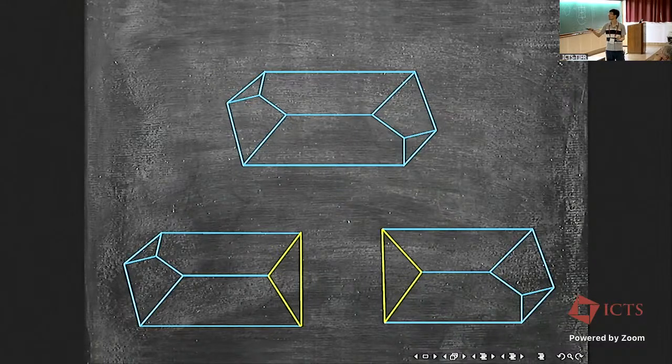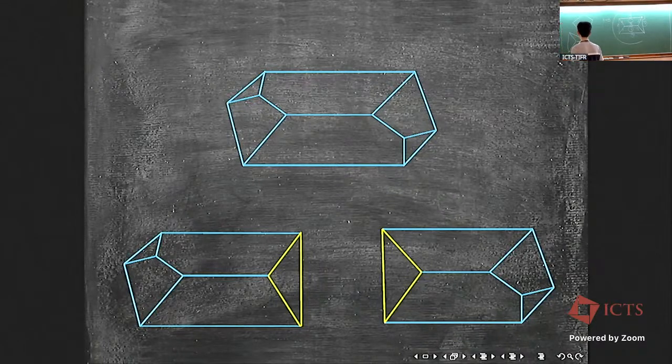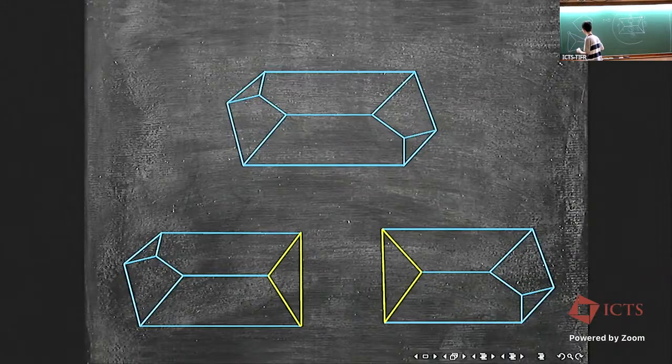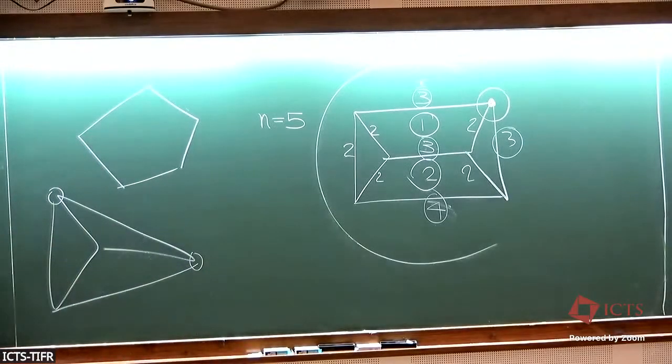Yeah, I think I have 5 minutes, okay. So, for example, this guy, okay, so this is the tetrahedron, right? And then if I truncate only these 2 vertices, then you get this one.